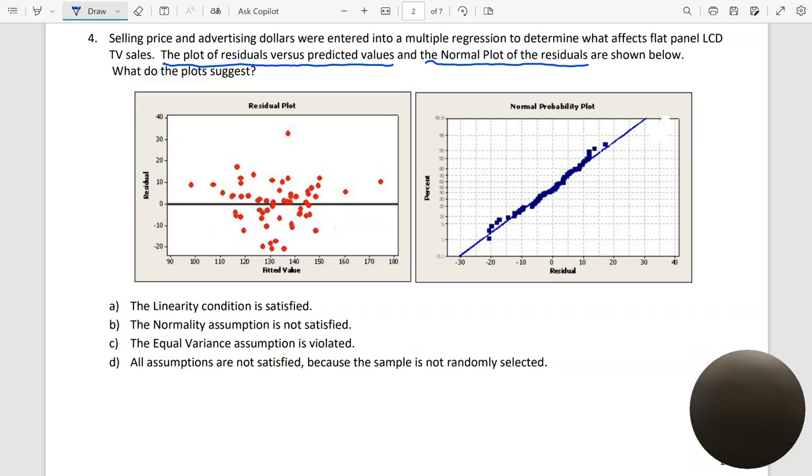Let's look at option A. It says the linearity condition is satisfied. So how can we check the linearity condition? By what plot? By scatter plot. So what does the scatter plot look like?